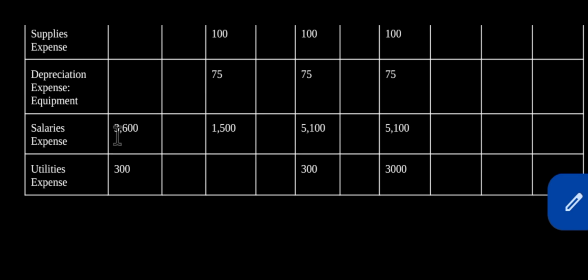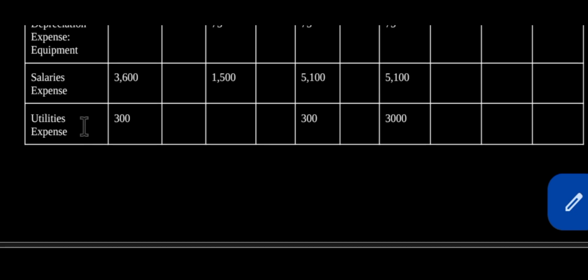Here the salaries expense, we have 3,600, and an adjustment of 1,500. They both have the same side, which is debit, so we have to add them up. So 3,600 plus 1,500 is equals to 5,100 debit side. Next, we have the utilities expense, which is 300. Debit side, copy paste.